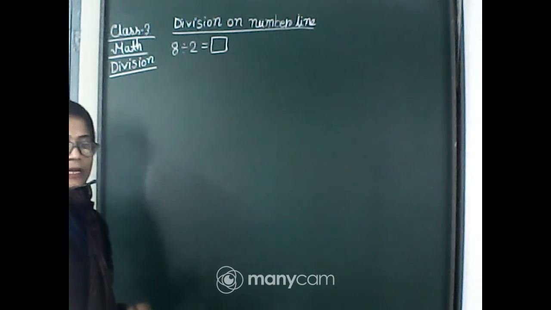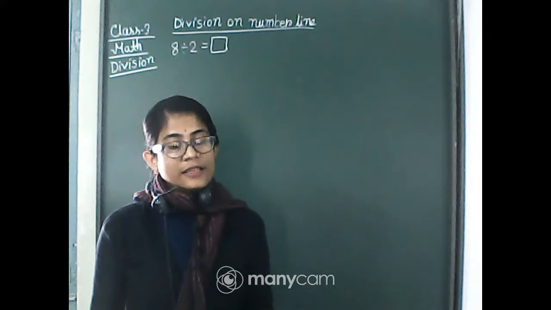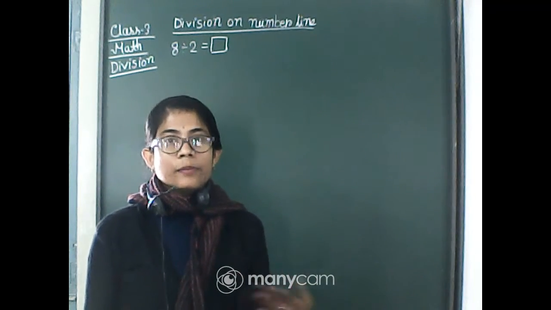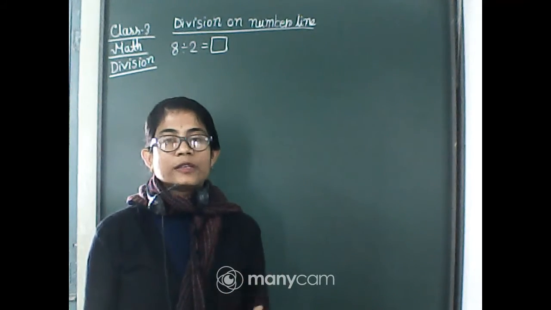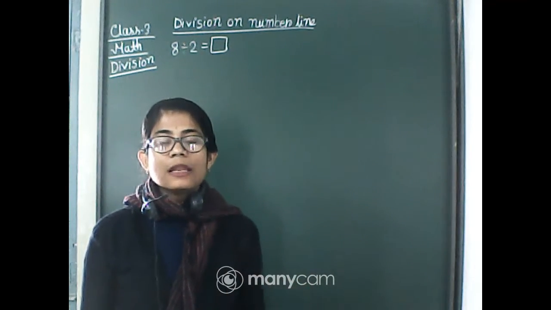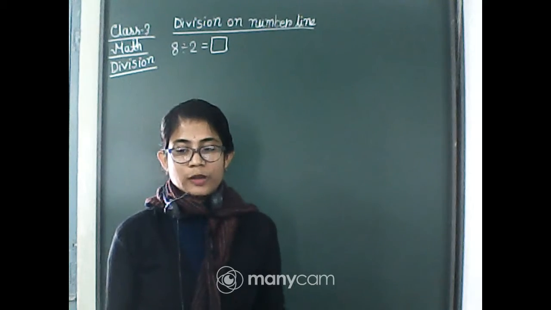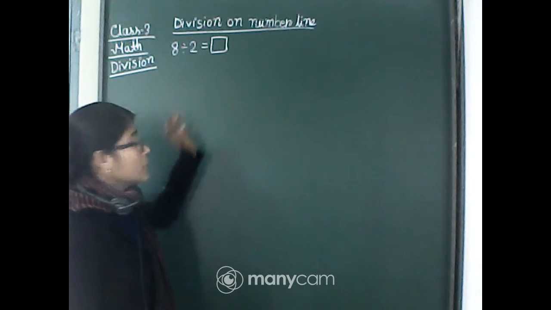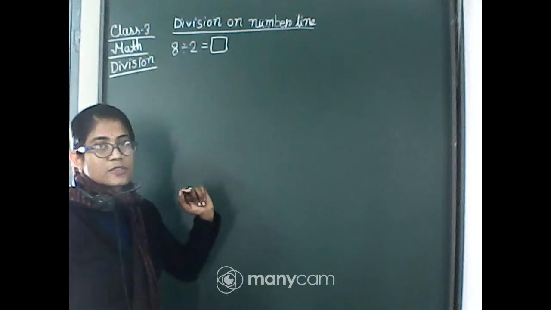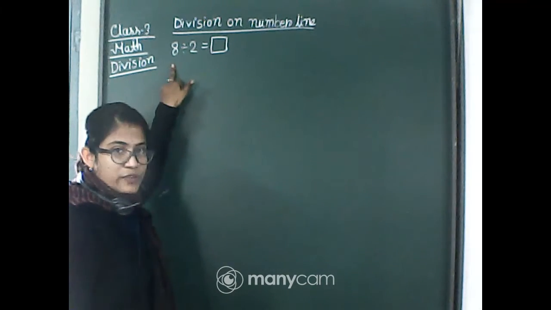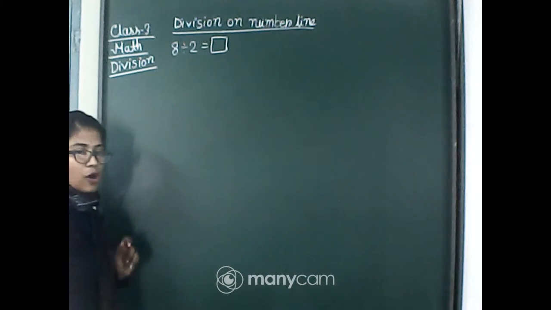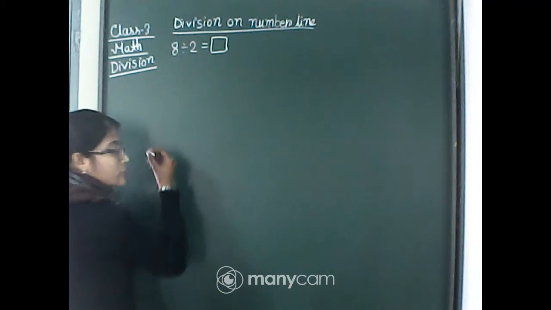If you do the division you can easily say, but if the exam says you have to do it with the help of a number line, how will you do it? Here 8 is the dividend, isn't it? 8 is the dividend.